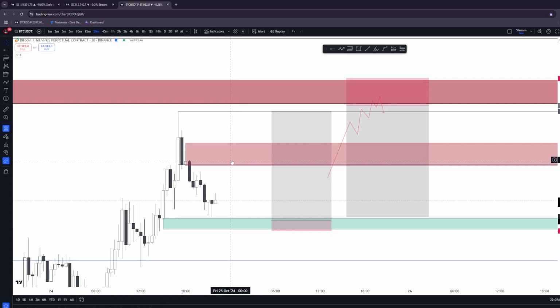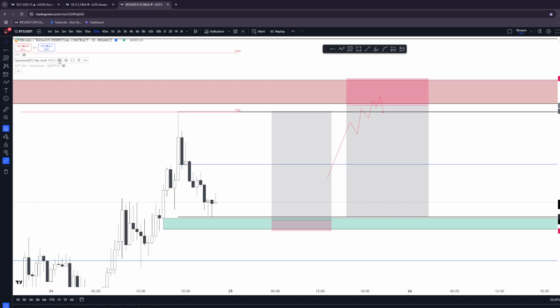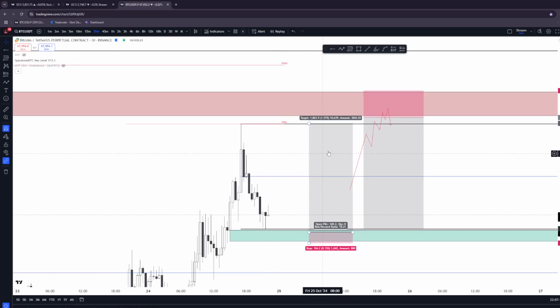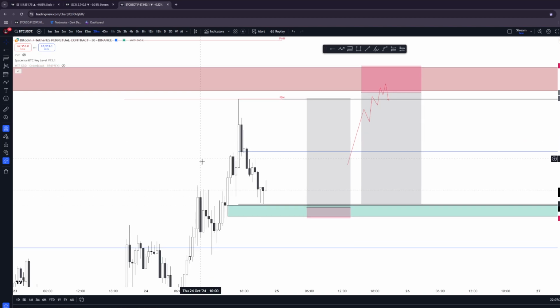And this is what I will be looking for on Bitcoin to be trading. That's actually the previous day high. So we could sweep the previous day high, come into supply, give us that breaker structure, and take that trade back down. But like I said, it's not a confirmed range until this 50% mark is touched.